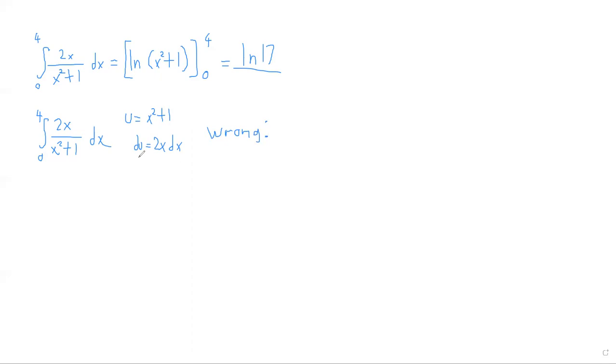It's wrong to say that this is equal to du over u for 0, and then say that's equal to ln absolute u from 0 to 4, and then say it's ln of x squared plus 1 from 0 to 4.